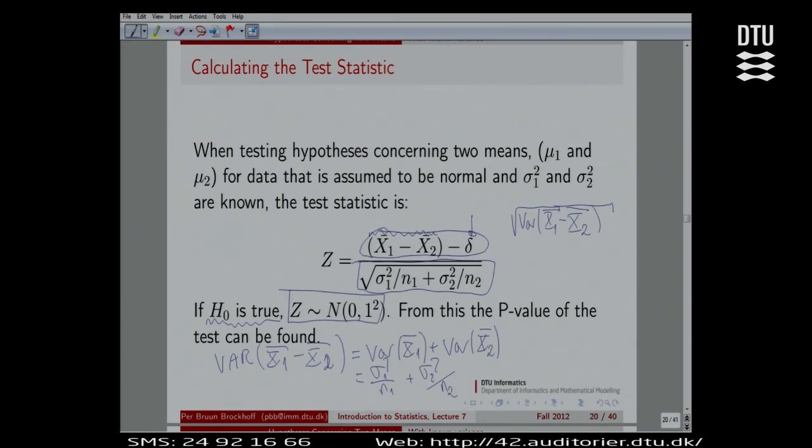And this is where the theory comes in and tells me what is to be expected of this test statistic alone due to random variability in the system. That's the standard normal. That's what I should use as a kind of measurement stick for telling whether the data is far away from the hypothesis or close to the hypothesis. And then we are back in business.